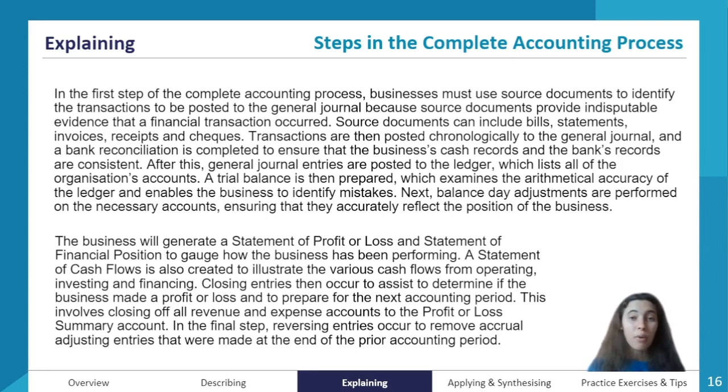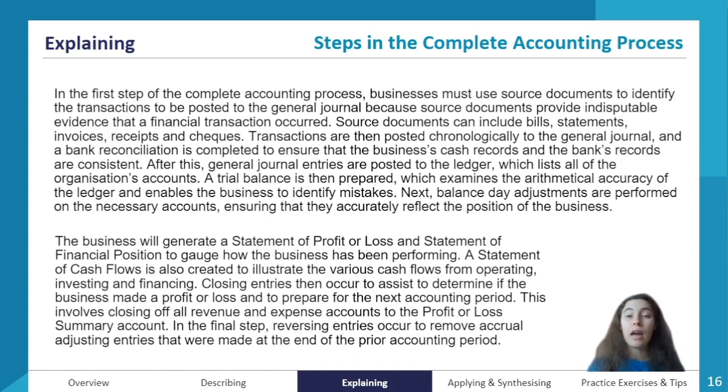In the first step of the complete accounting process, businesses must use source documents to identify the transactions to be posted to the General Journal, because source documents provide indisputable evidence that a financial transaction occurred. So you can see here already that we're adding a little bit more than just saying what's happening.